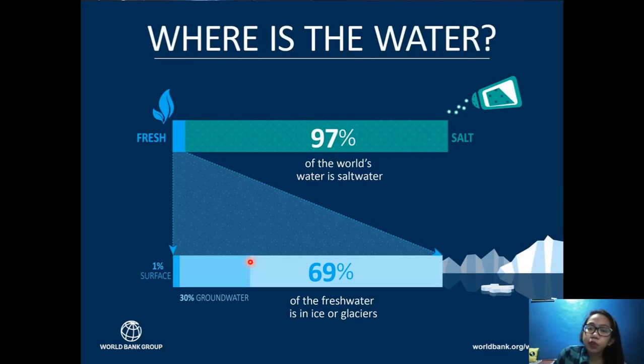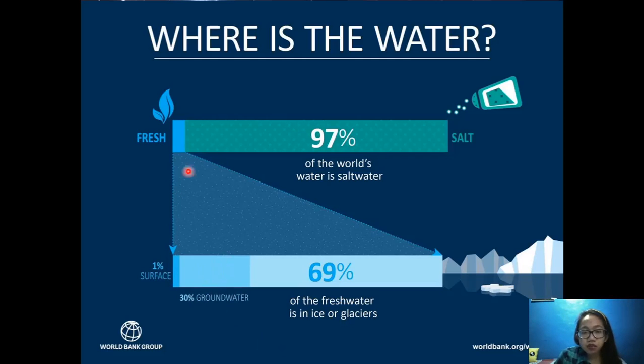Okay, so if we survey the water that we have, 97% of the world's water is salt water. Then only 1% of all the water on Earth is what we use daily or is accessible to us.